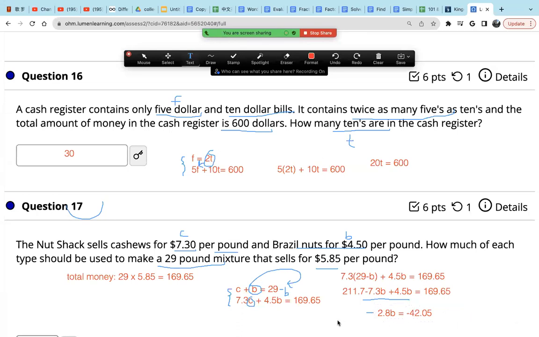Okay, so we divide by negative 2.8 on both sides. So 42.05 divided by 2.8, we get about 15. Oh, sorry. Hold on a second. That's 5.85, 4.5. Okay, anyway. So B is about 15.02 pounds. A weird number.